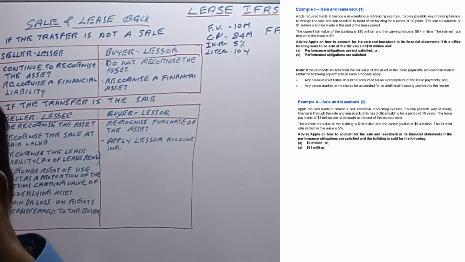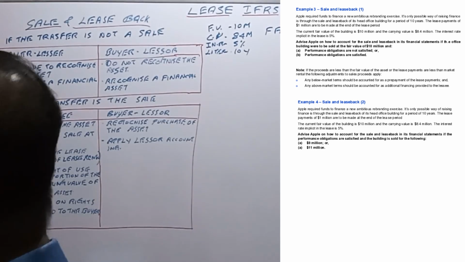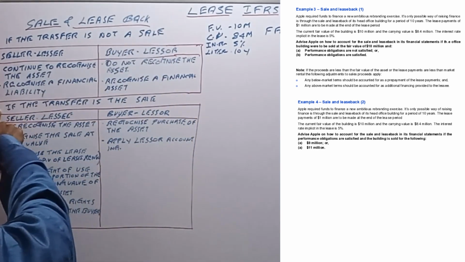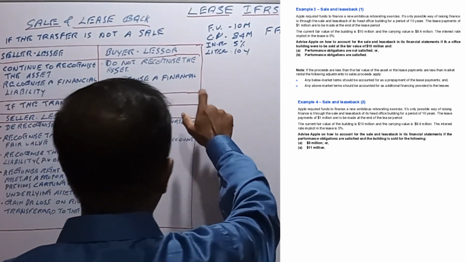So, advise A on how to account for the sale and leaseback in its financial statements if the office building were to be sold at the fair value of 10 million, and either A, performance obligations are not satisfied, or B, performance obligations are satisfied. Performance obligations not satisfied means the transfer is not a sale. Performance obligations satisfied means the transfer is the sale.